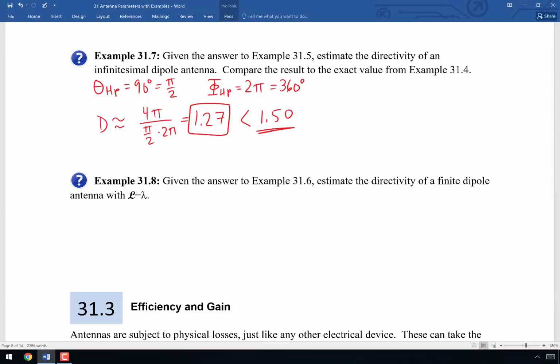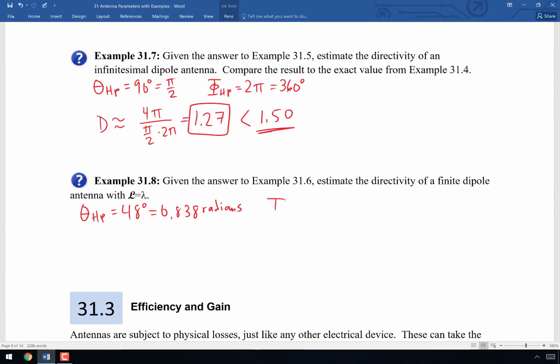Now let's take the half power beam width that we found from example 31.6 and calculate the directivity of that antenna. So we know that theta half power was equal to 48 degrees, and that's equal to 0.838 radians.